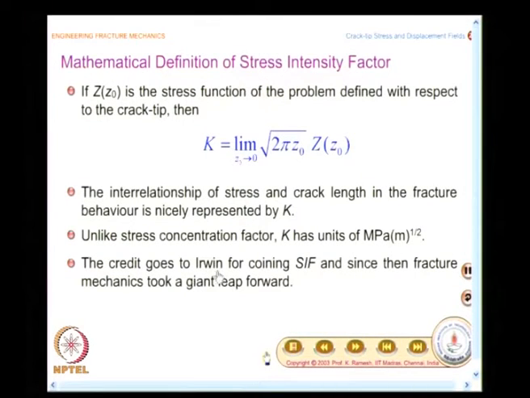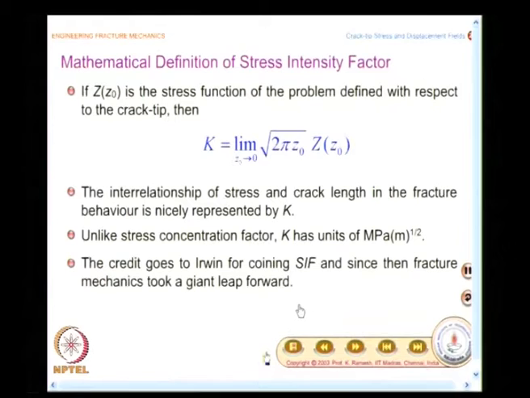And again we will look at the advantage of the contribution by Irwin. By coining SIF, fracture mechanics took a giant leap forward. What people felt was that energy release rate as a concept was quite good, but it was very clumsy to evaluate and handle.